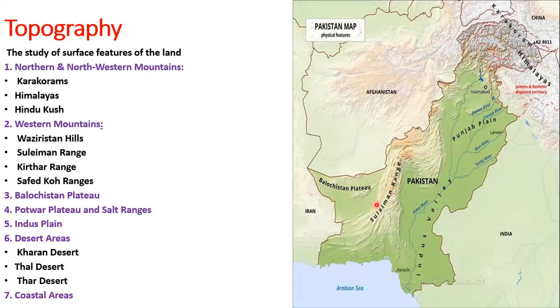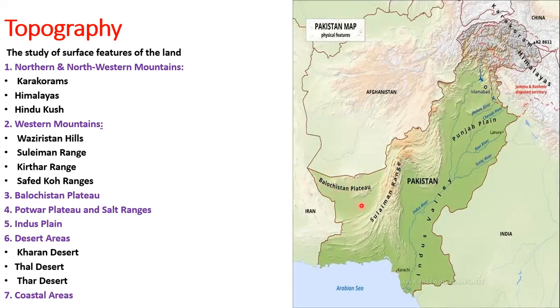There are two plateau regions in Pakistan, and this land is a mix of mountain, sometimes desert, and uneven peaks. The Balochistan Plateau is in Balochistan, connected to the Afghanistan border and the Iran border.